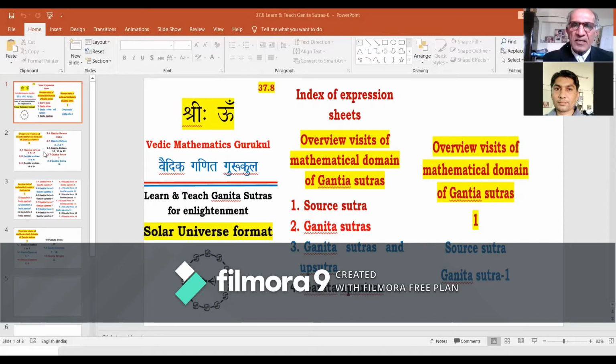Firstly, about Ganita Sutra 1 itself as a source sutra. By source sutra, we mean that the entire mathematical domain will unfold itself from within Ganita Sutra 1 itself.